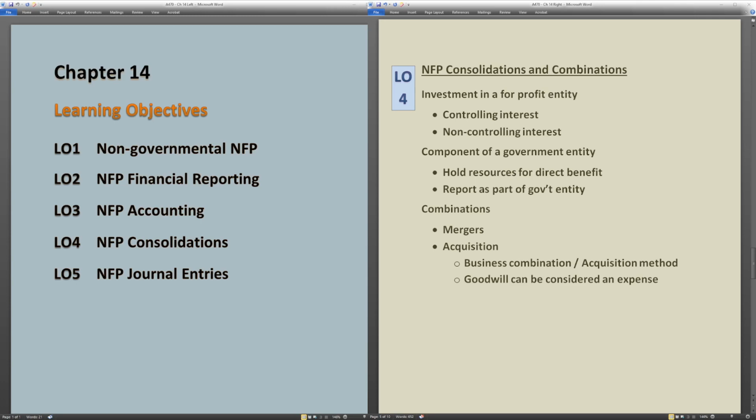You've heard about, I'm sure there is a Black Hills State Foundation, right? In fact, I think Steve Meeker is in charge of the foundation. So that's probably a not-for-profit entity that reports and is basically controlled by the university. There could be alumni associations or something like that. So those are reported as part of that government entity rather than on their own. If they're there for the direct purpose and the direct benefit of the government entity, they're just reported as part of the government entity.